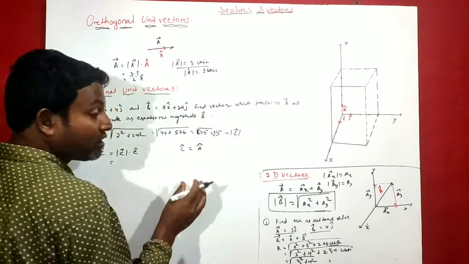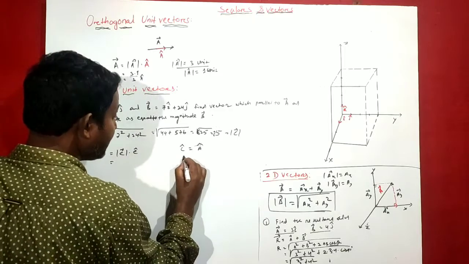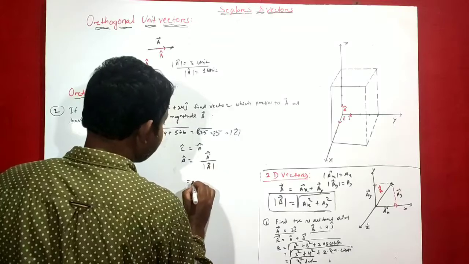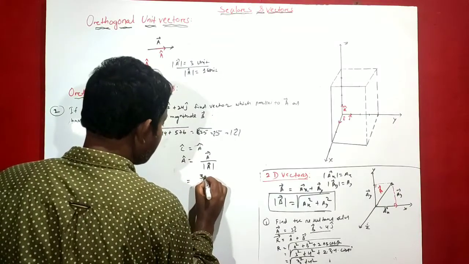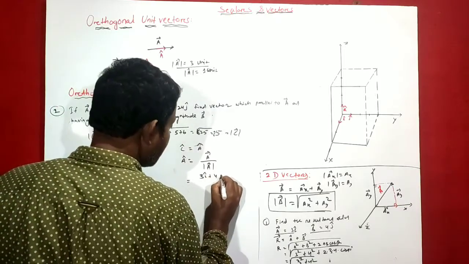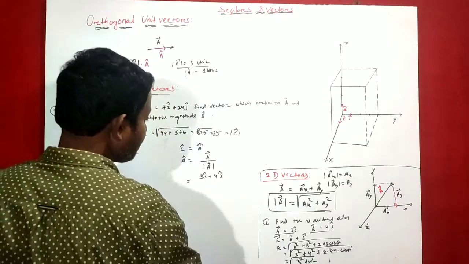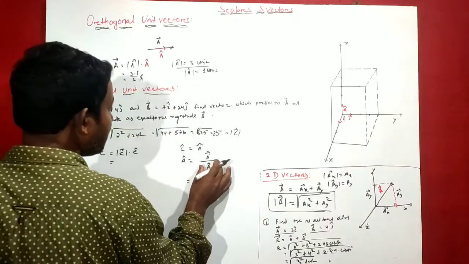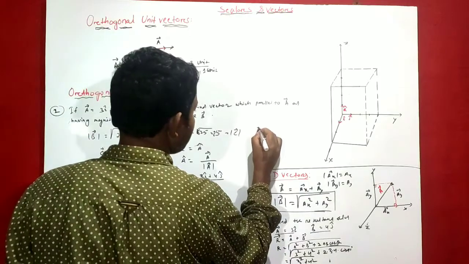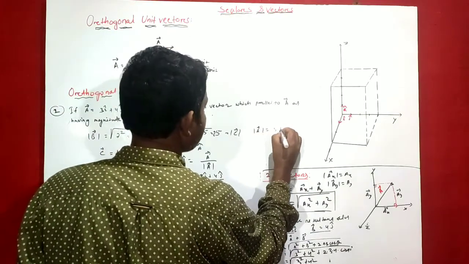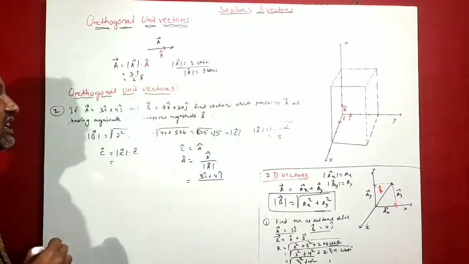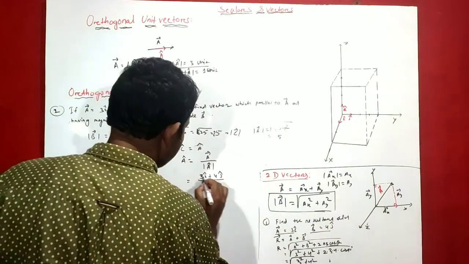So we have to find A cap. A cap is equal to vector A by the magnitude of vector A. Vector A is 3 I cap plus 4 j cap, and we also have to find the magnitude of A. The magnitude of A is the square root of 3 square plus 4 square, that is 5. So the magnitude of A is equal to 5.